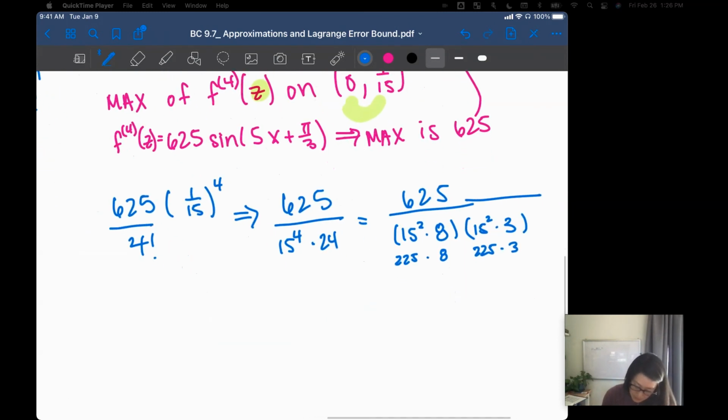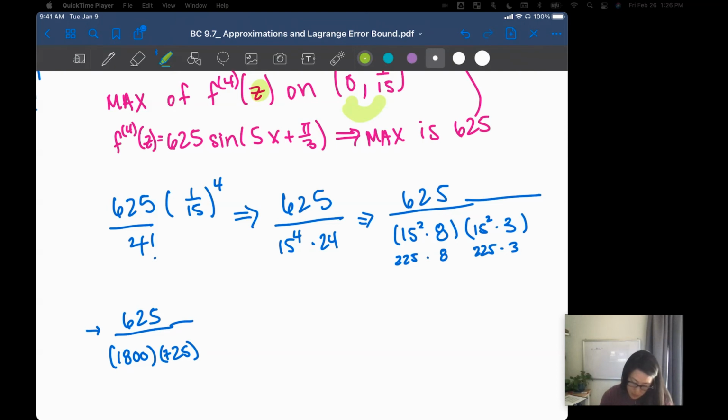Okay, so you get 625 over 225 times 8 is 1800, times 225. Okay, which, look, I know that this value right here, 625 over 225, I can write this like times 1.